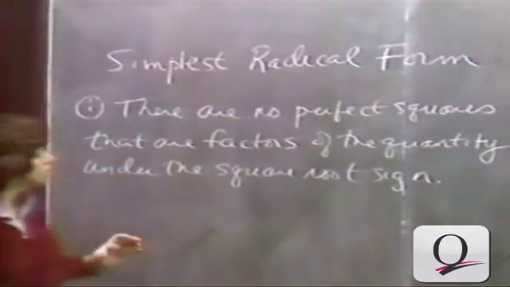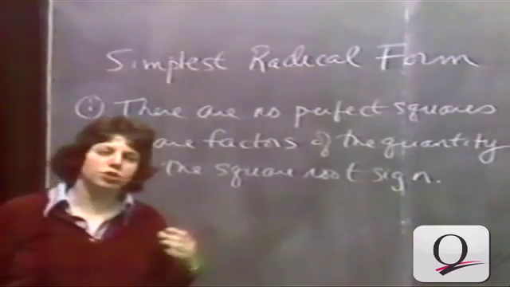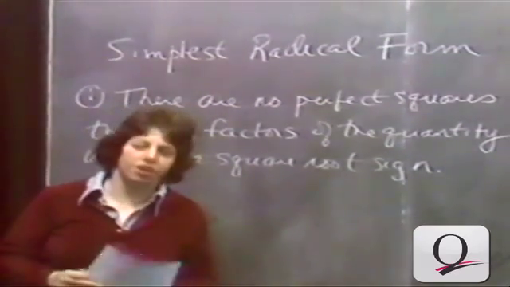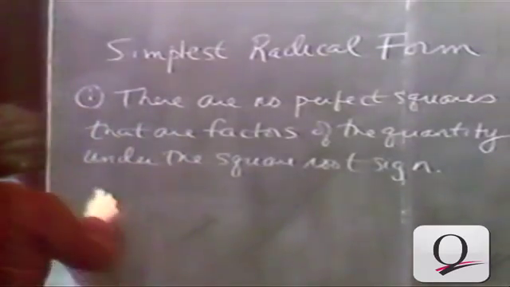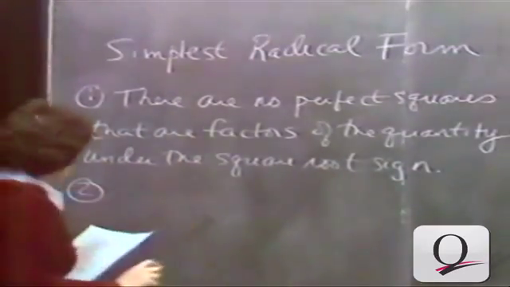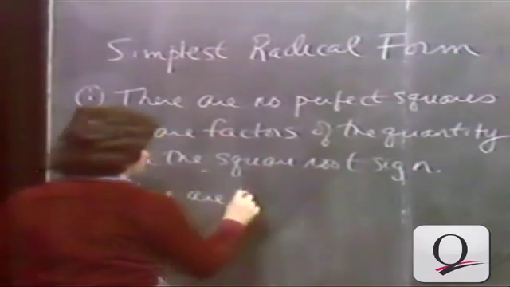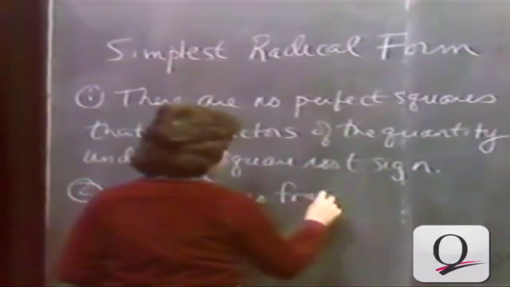Our general rule is that we would like to take out as much as we can from under the radical sign in order to simplify what's left under the radical sign. The second characteristic: there are no fractions under the radical sign.